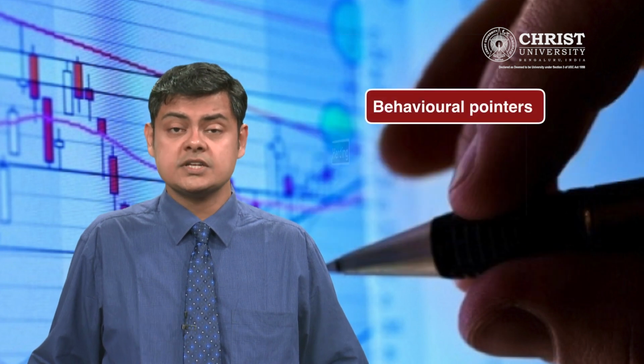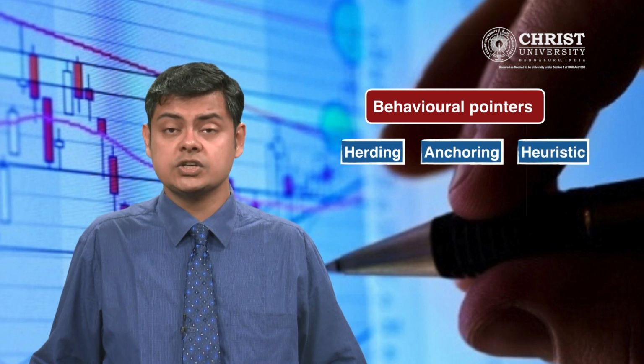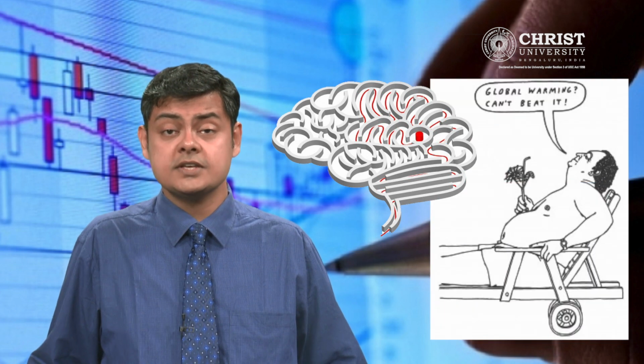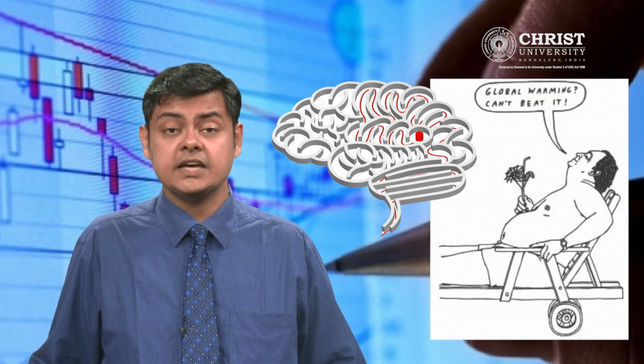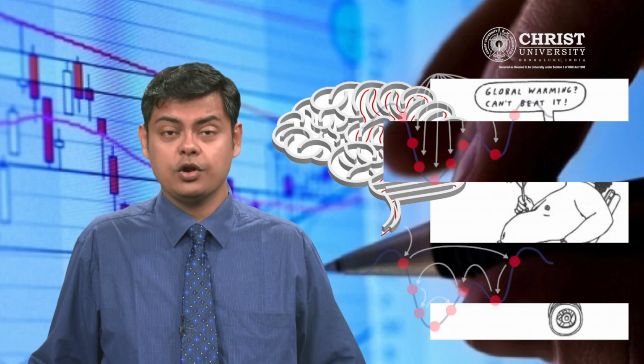Behavioral pointers such as herding, anchoring or heuristic simplification are generally quite difficult to address. Heuristic simplification is in one's mind, where a complex situation is simplified automatically, ignoring many important as well as latent variables that can play a crucial role.